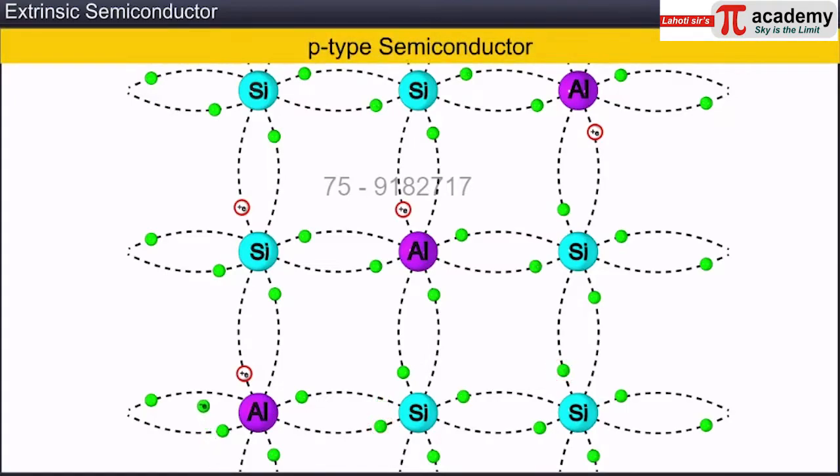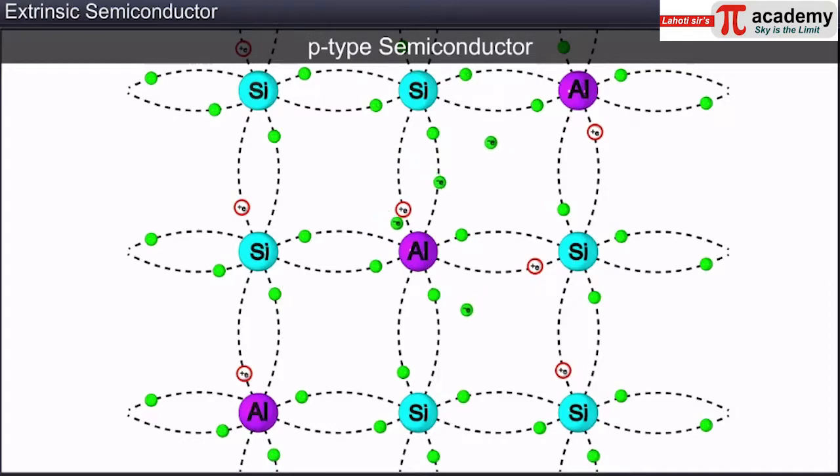In spite of having the number of holes NH greater than the number of free electrons Ne, the p-type semiconductor crystal remains neutral, as the charge of the additional charge carriers is equal and opposite to that of the ionized cores in the lattice.